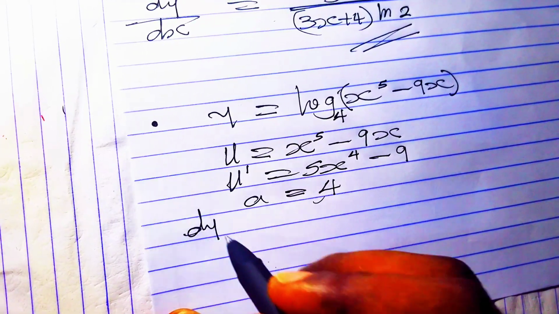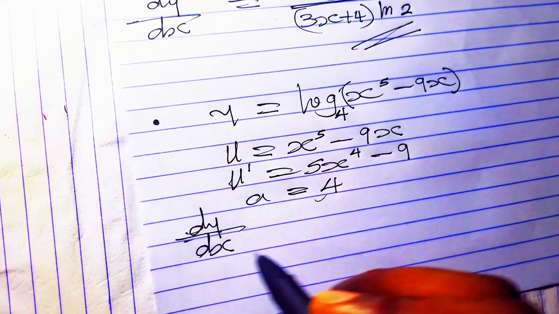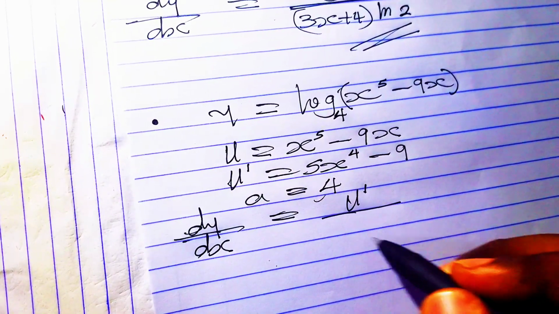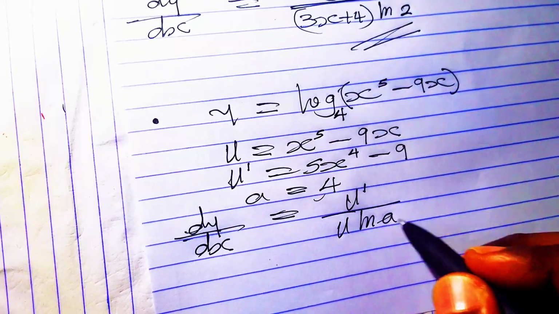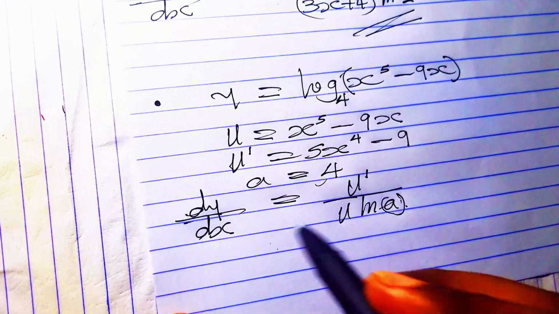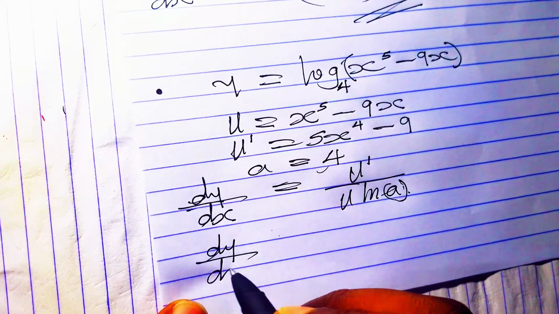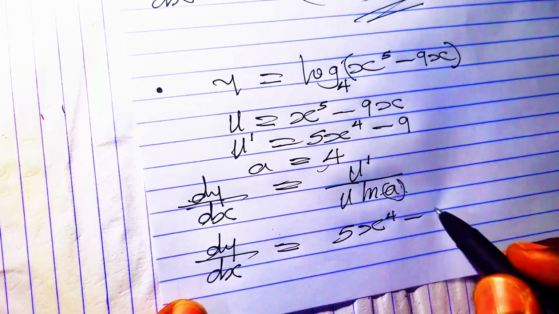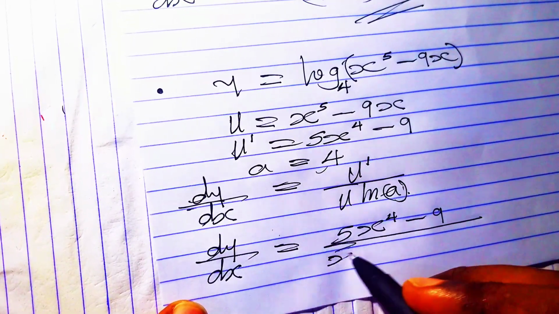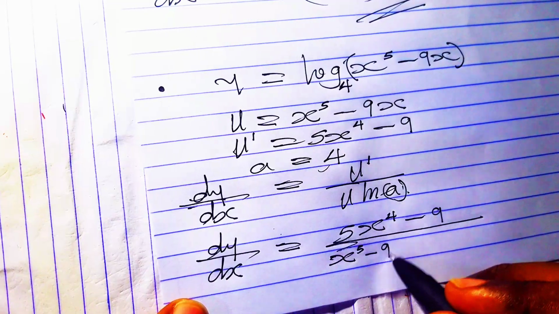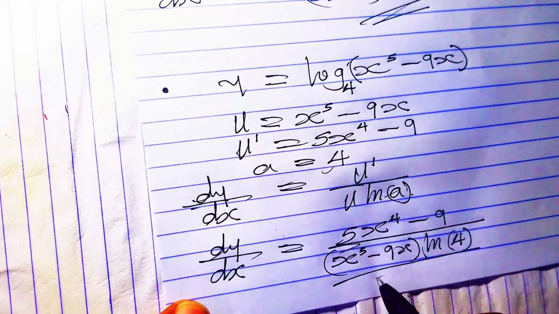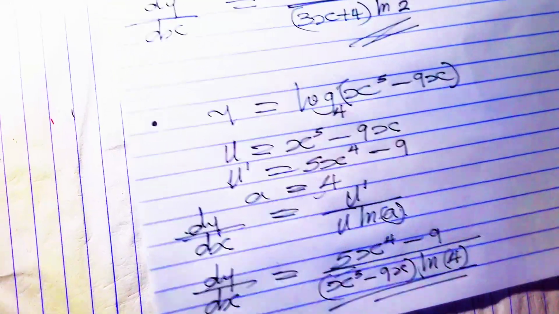And then bringing in the techniques of our log differentiation, dy/dx is going to be u prime over u multiplied by the natural logarithm of the base number, which is ln a. And therefore, dy/dx is equal to 5x raised to the power of 4 minus 9, everything over x raised to the power of 5 minus 9x multiplied by ln 4. That is the answer to such a question. Let's take a look at another example.